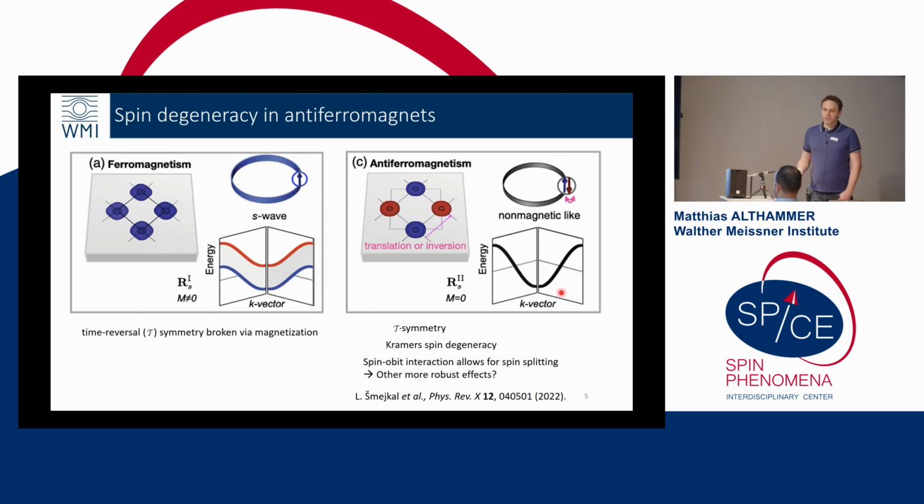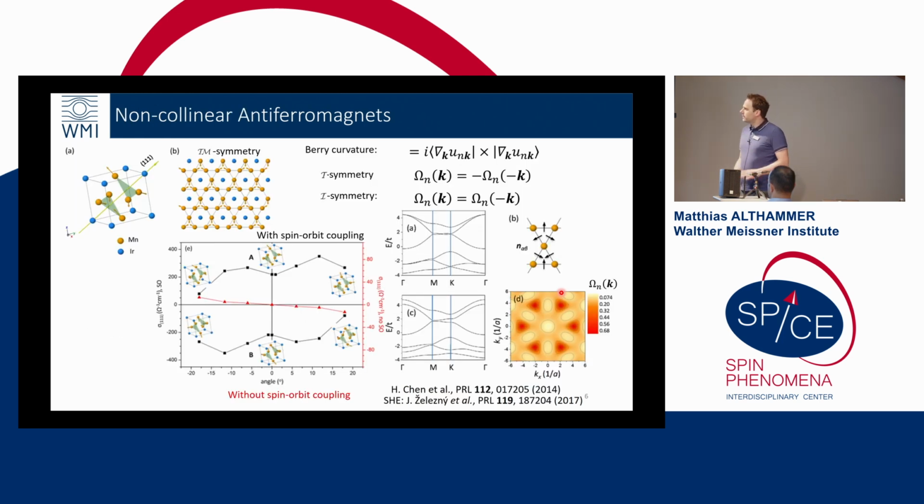And this will be, on the one hand side, non-collinear structures where you can observe effects that point to the fact that you can get some spin-dependent effects. And finally, then, altermagnets where you get a spin splitting due to a special symmetry that you need to obey in these structures.